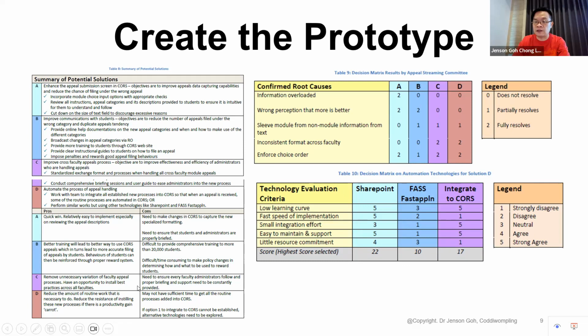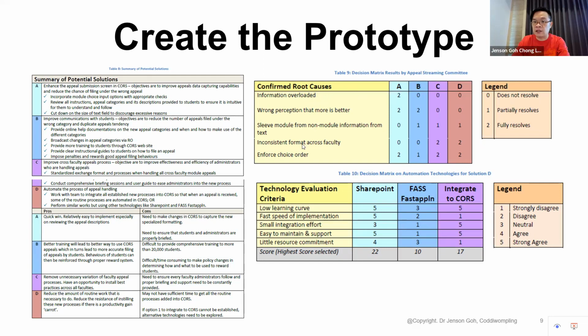We work with the faculty and the students to consider the pros and cons of each of these solutions. With each of these solutions properly identified, we make sure that the solution addresses all the confirmed, controllable root causes that we identified using the fishbone diagram.